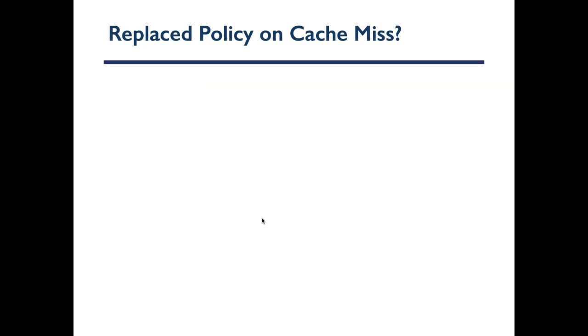Okay, so now that we talked about that, eviction happens. What should we do? Which cache block should we use to evict? Now that's a question. The easy answer, if you have a direct map cache, is that you don't have any other choices, right?